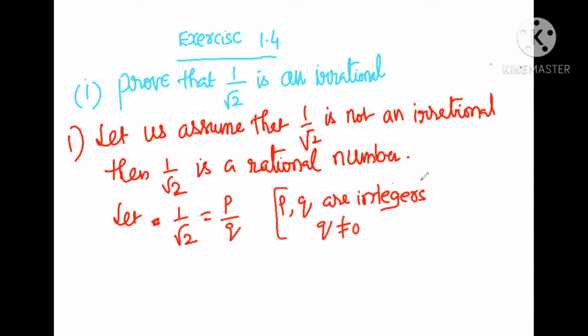You know the definition of rational number. Now, second step, we have to cross multiply. 1 by root 2 is equal to p by q. By cross multiplication, root 2 p is equal to q. Root 2 into p is equal to q.